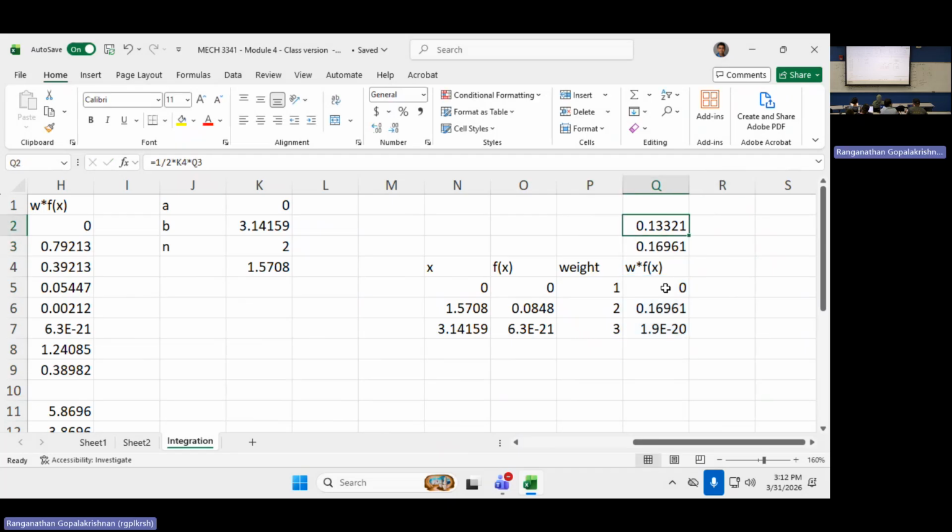Okay, the value you get is 0.1332. 5 segments, 0.3898. And from 5, I'm going to double the number of segments. So from 5, I'm going to go to 10 segments.